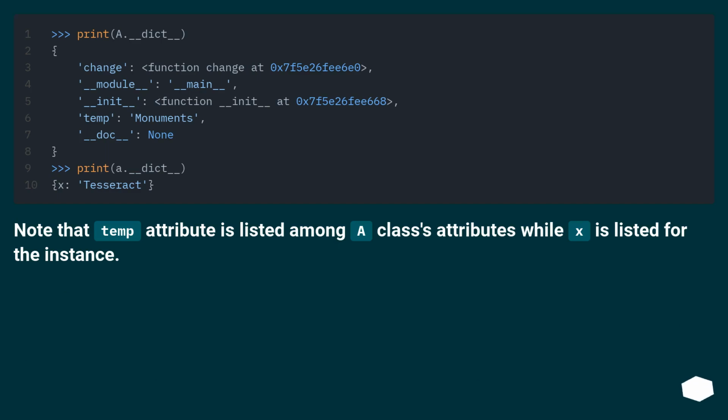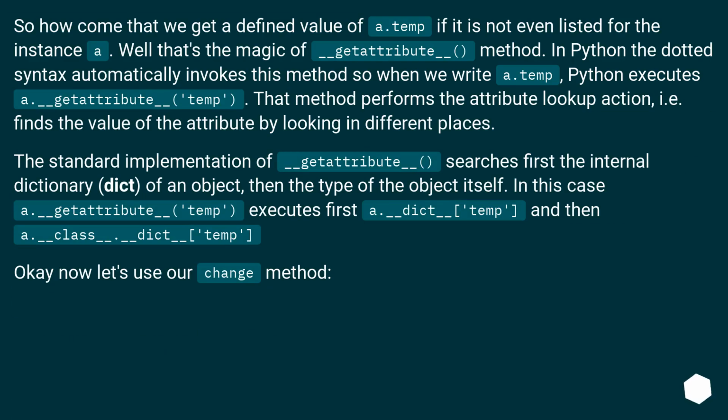Note that the temp attribute is listed among the class's attributes while x is listed for the instance. So how come we get a defined value of a.temp if it is not even listed for the instance a? Well, that's the magic of the __getattribute__ method.